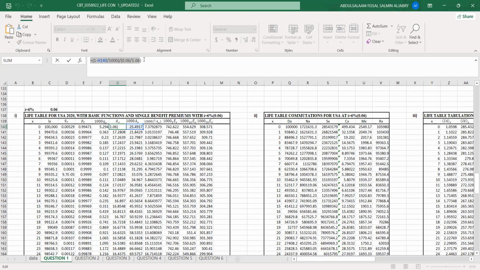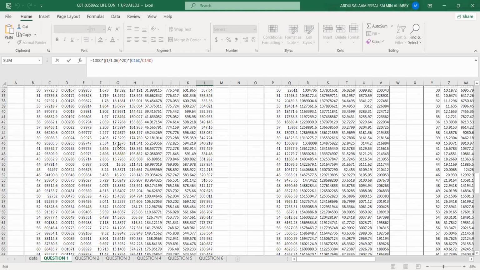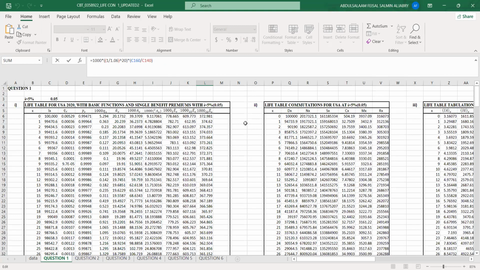So everything else is changed to 0.06, like this one, 1 plus I, this one, and this one, all of them. I just changed the I, but everything else, the formulas are the same as I explained before for 5%.